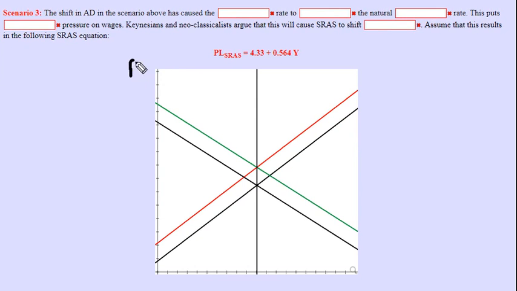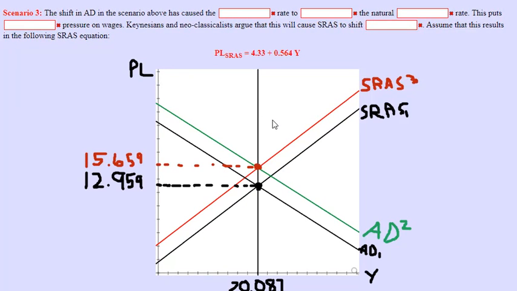So remember we got the price level. Okay, so I've spared you having to watch me label this. So we have the scenario 3 aggregate demand curve, the scenario 2 aggregate demand curve, which was caused by the wealth effect from a stock market boom.